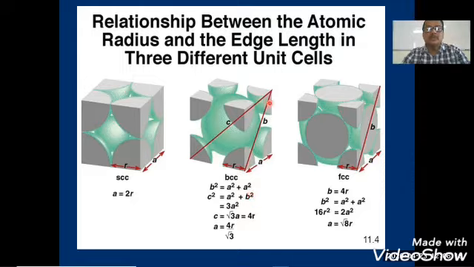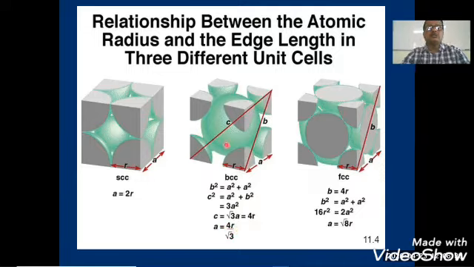Already you have seen B square is equal to 2A square from this triangle. So C square will be equal to A square plus B square is equal to 3A square, and A will be equal to 4 by root 3 R.